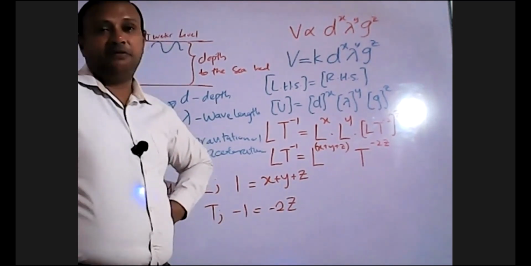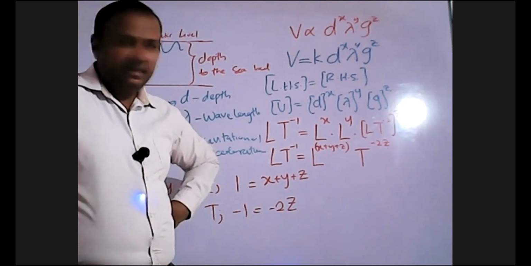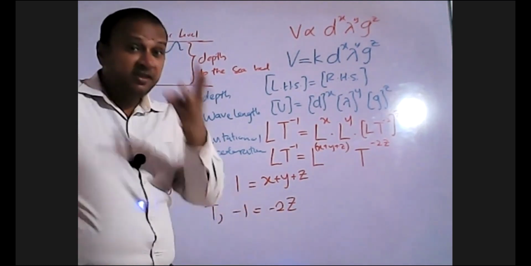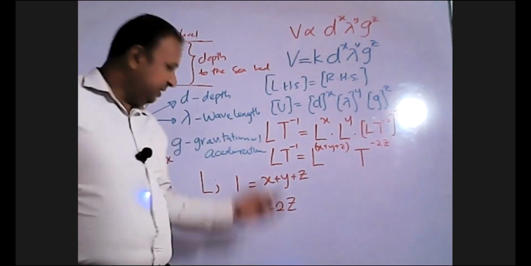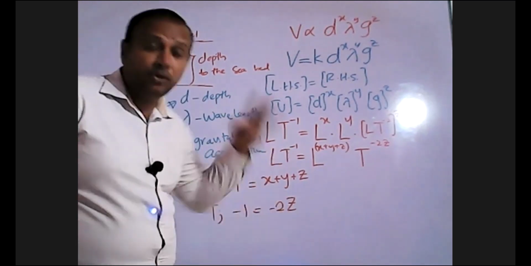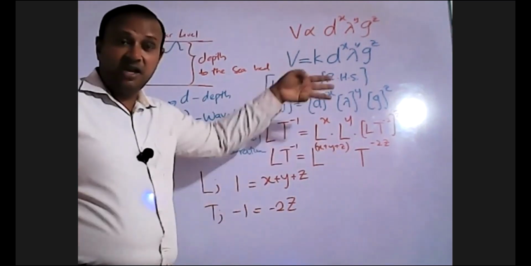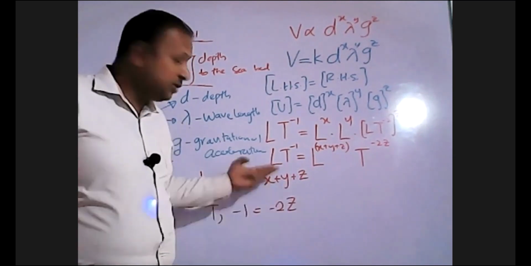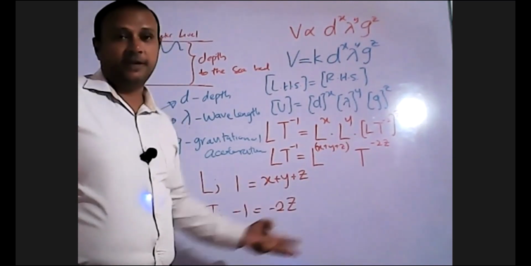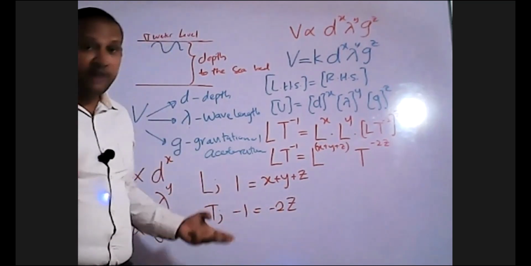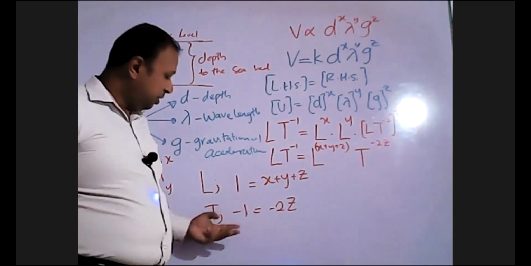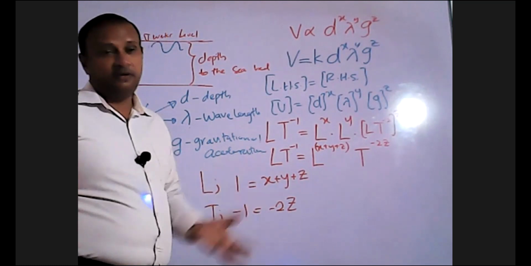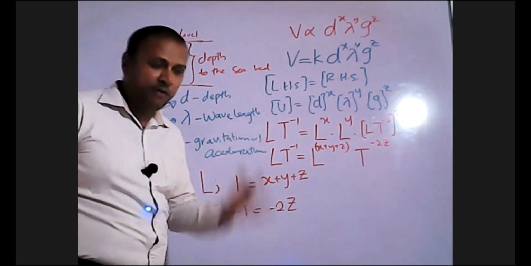In this case, I have only two equations to find three unknown factors. Can I solve this equation? No, I cannot do that. I can find only one using this equation. I cannot determine x and y because I don't have enough equations.